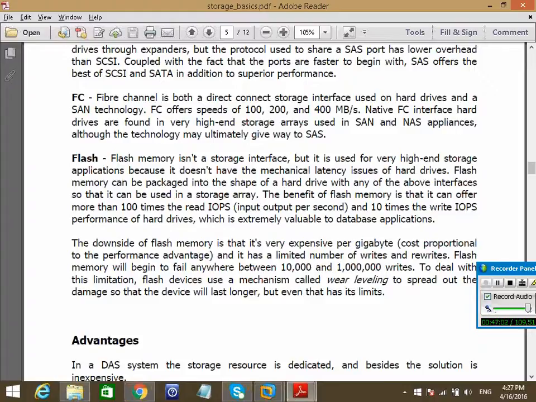So what is flash memory? It is a storage interface, but it is used for very high-end storage applications because it doesn't have the mechanical latency issue of the hard drive. Mechanical latency issue means that when the hard drive wants to write data, it will write the data in different blocks. Some data will be available in other sectors.